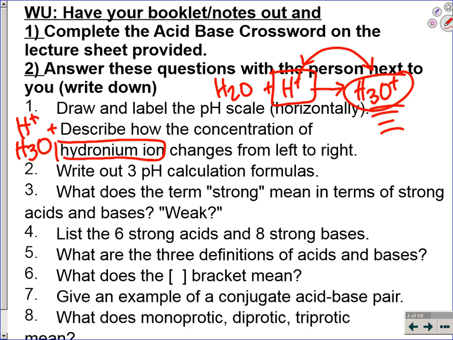Understand, if I say proton, that's the other word. If I say proton, hydrogen ion, or hydronium ion, they're all representing essentially the same thing. Why would I call an H+ just a proton? Let's backtrack to subatomic particles. What does hydrogen consist of?